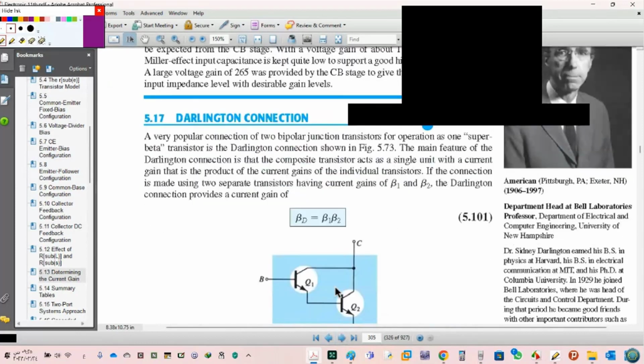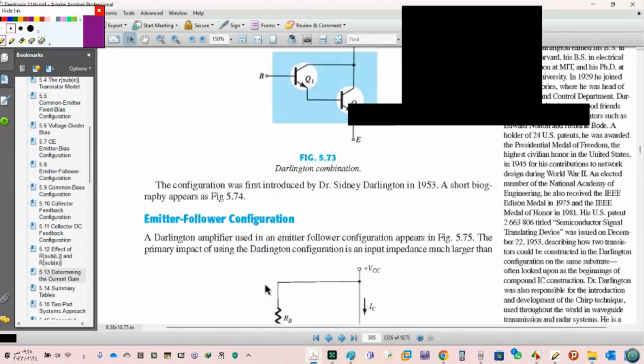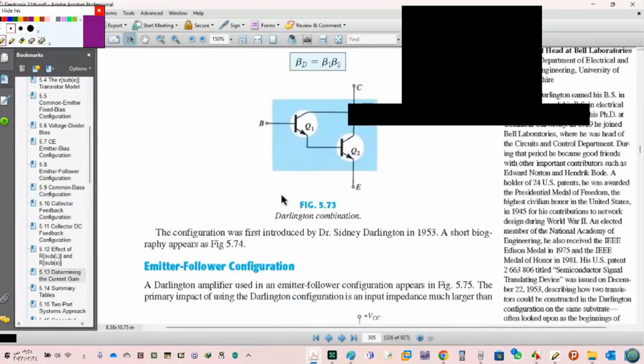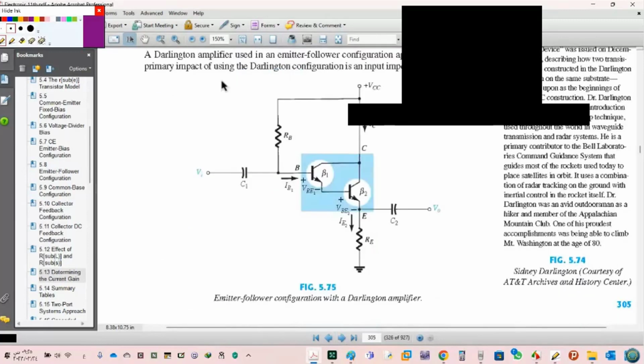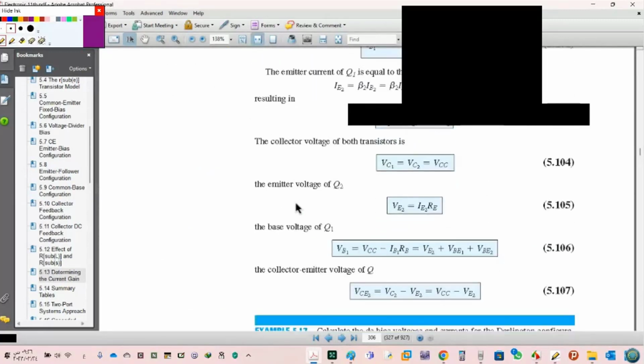In Darlington 5.17, beta D or beta Darlington is beta 1 times beta 2, and we don't need more for this one. Just you have to know this. Darlington is usually one circuit or one chip. Emitter follower configuration, this is cancelled. We don't need this from you.